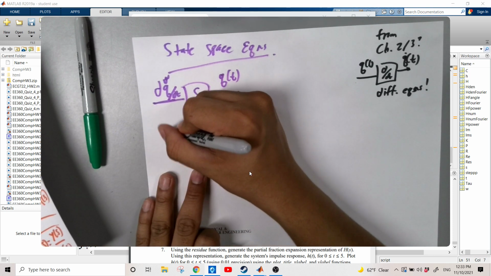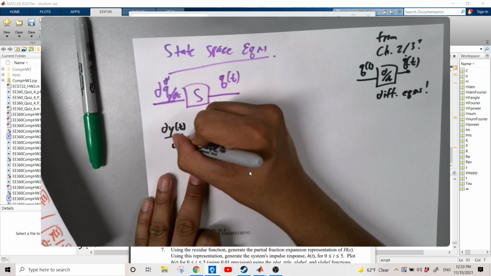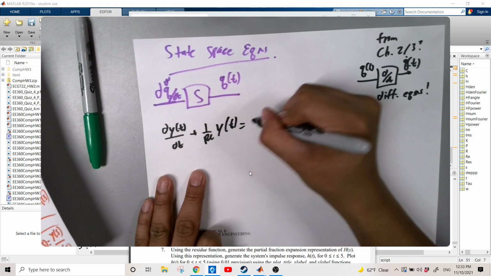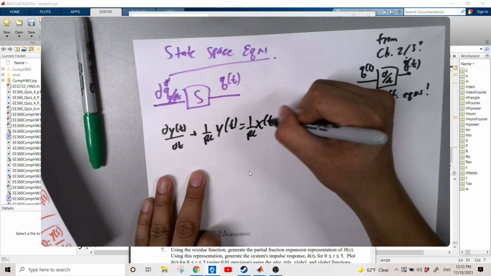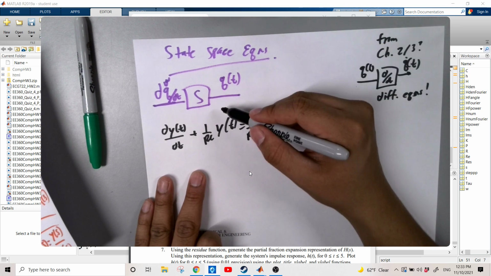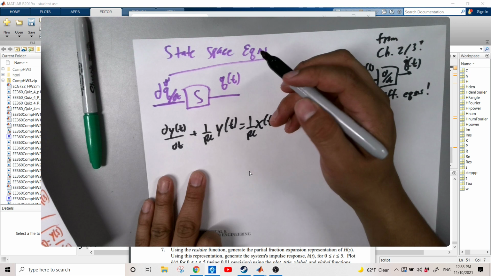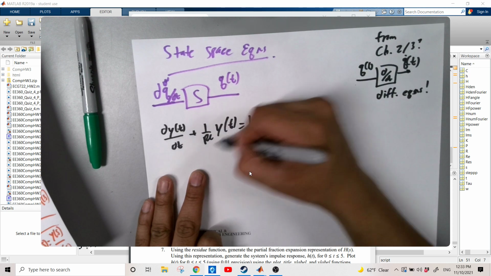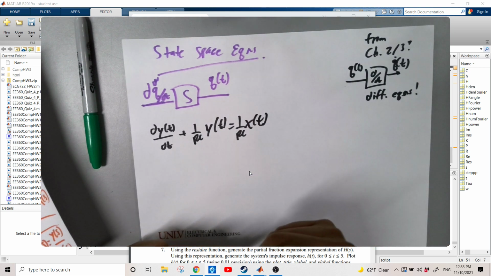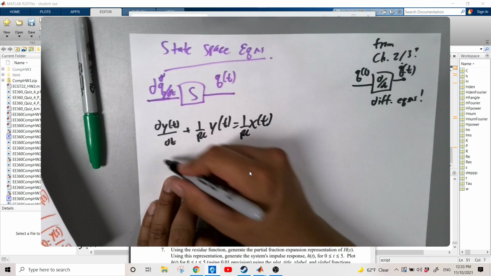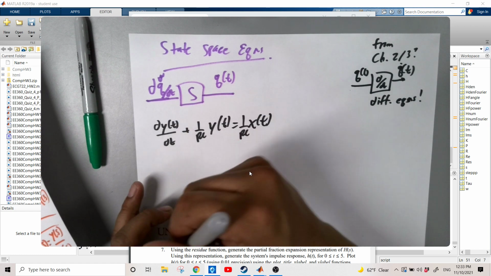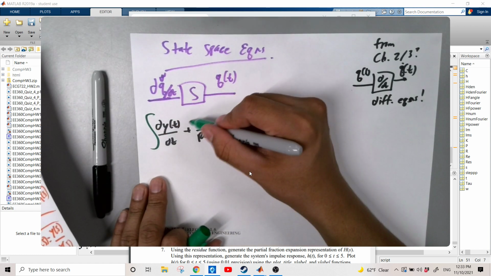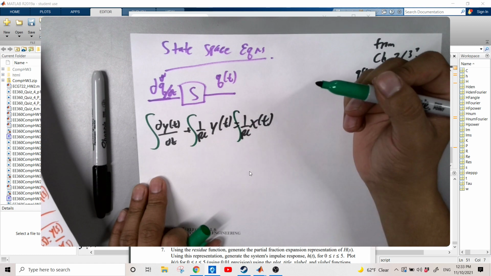Let's get dy of t over dt plus 1 over RC y of t is equal to 1 over RC x of t. If we wanted to get it into some form, we're not going to use these differentiators. We're going to try and get these into integrators. If he gives you a problem like this, you just integrate the entire thing like that.